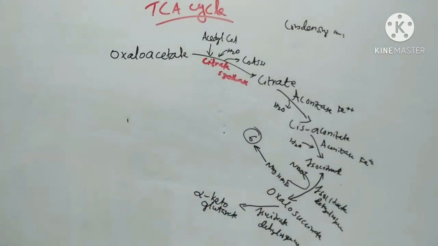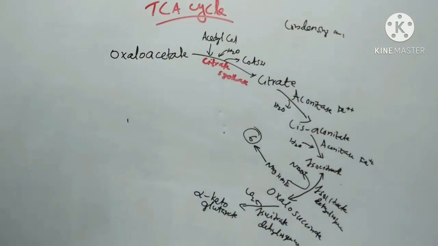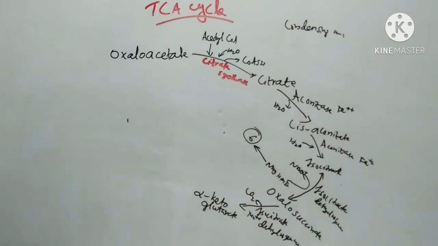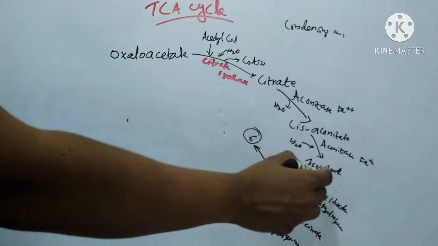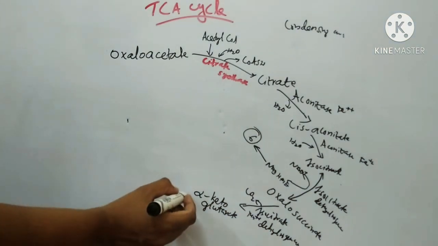Here decarboxylation occurs, and it needs Mn++. So in this second stage the 6-carbon isocitrate is converted to a derivative of 4-carbon succinyl-CoA. From alpha ketoglutarate it is converted to succinyl-CoA.